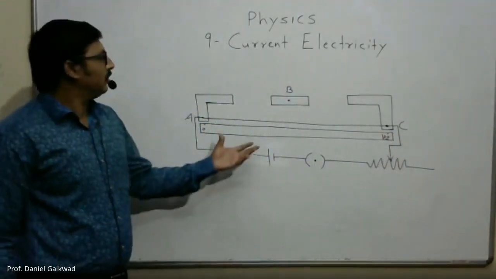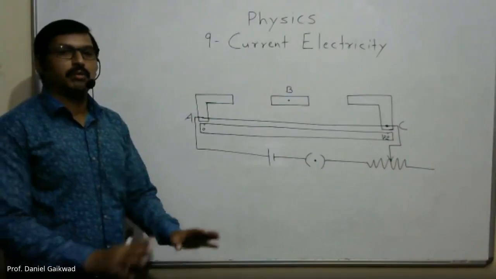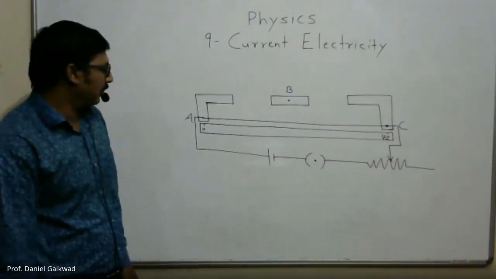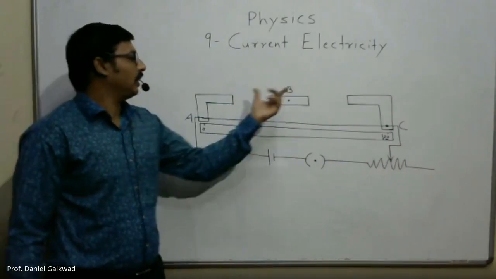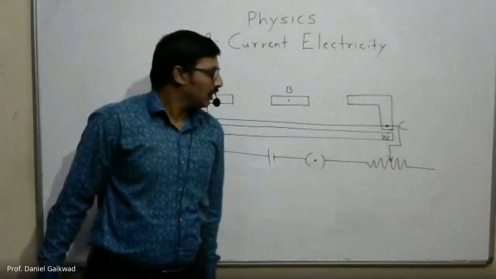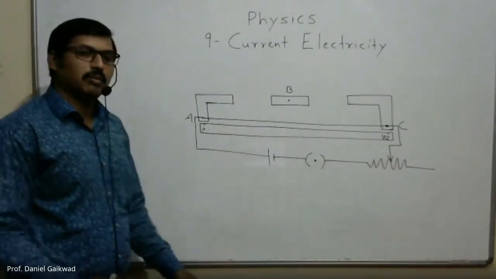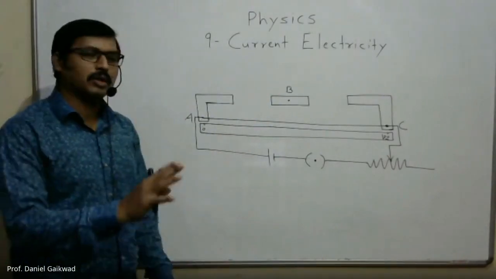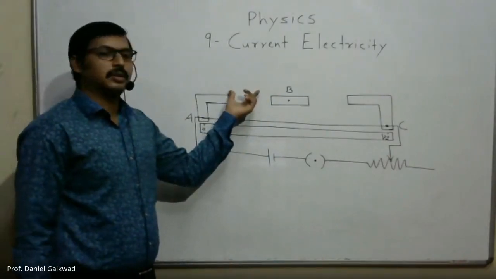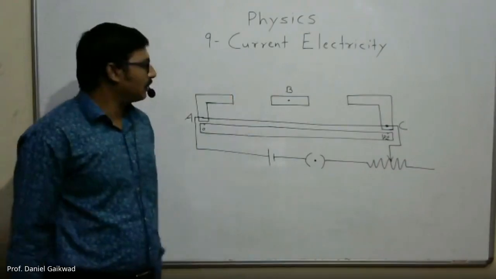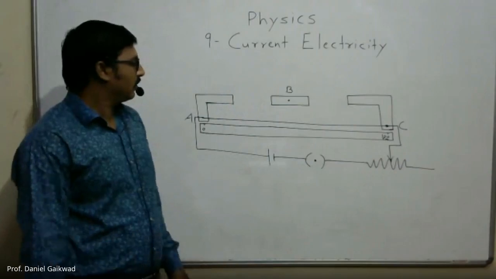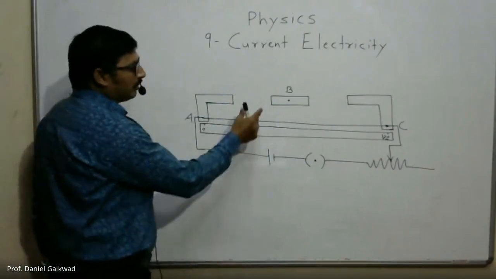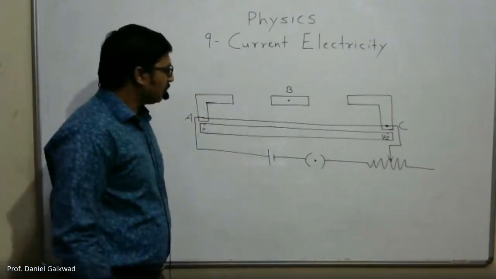So this is the Wheatstone meter bridge circuit, or simply the meter bridge circuit, in which we have one gap called the left hand side gap and a second one, the right hand side gap. Now this particular meter bridge circuit has a number of applications to find unknown resistance, which we already learned in the last lecture, and the first application in this lecture is to find the resistance of a galvanometer.